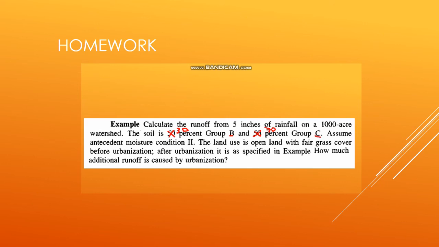And redo example 1, and then bring back to here example 3 and find the difference, how much additional runoff is caused by urbanization. So you need to compare these two. This is your homework, and see you next week.